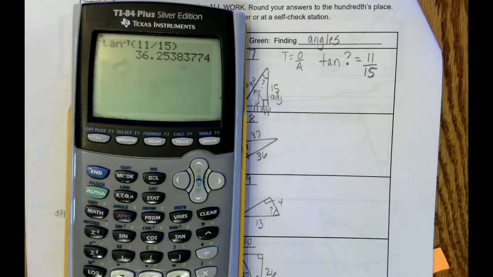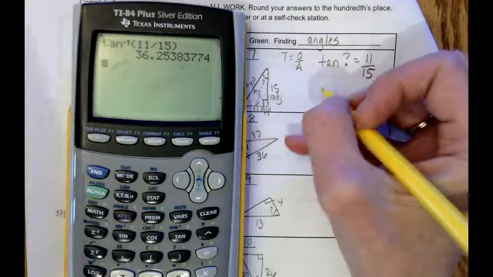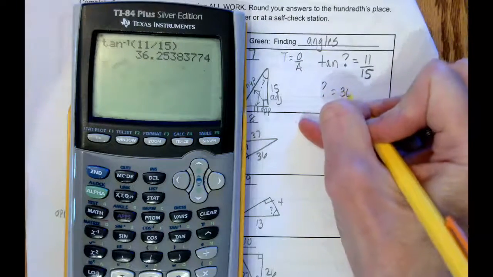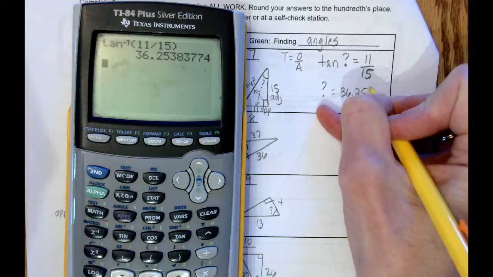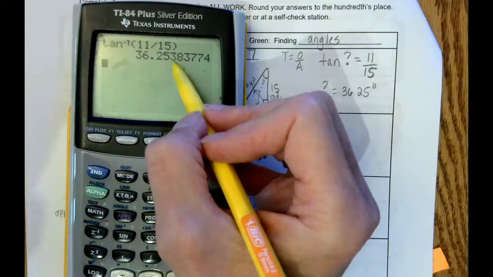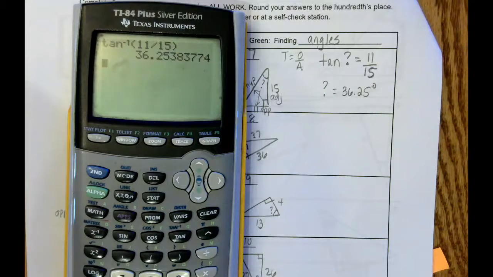And if we're going to round to the nearest hundredth, our angle is going to be 36.25 degrees. Because there's a 3 here, which is less than 5, so we keep that 5 as is.